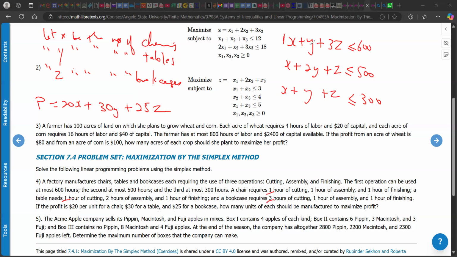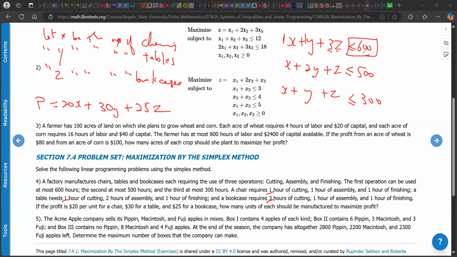If you make Y tables, then 1Y will tell you how many hours you will spend cutting tables. And if you take 3 hours for cutting a bookcase and you make Z bookcases, then 3Z is the number of hours you will spend cutting bookcases. When you add all up, there is a cap. You can't exceed 600, right?